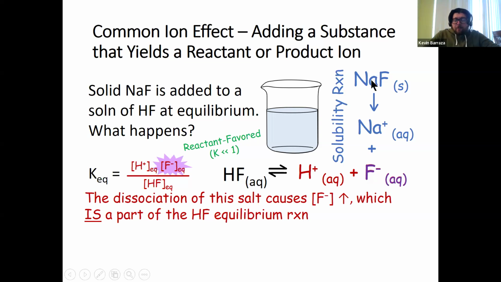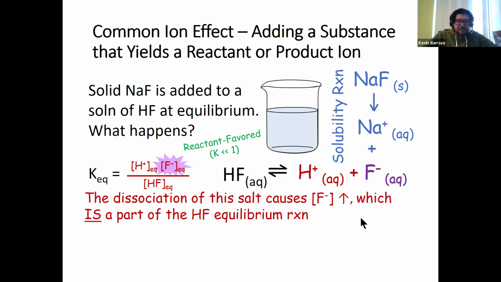So NaF will split apart into Na plus and F minus, and F minus is a part of the equilibrium. It increases the concentration of F minus. So adding solid NaF, thinking two steps ahead, does impact the concentration of F minus. The dissociation of this salt will cause the F minus concentration to increase, which is a part of the HF equilibrium reaction, what was going on previously in the beaker.